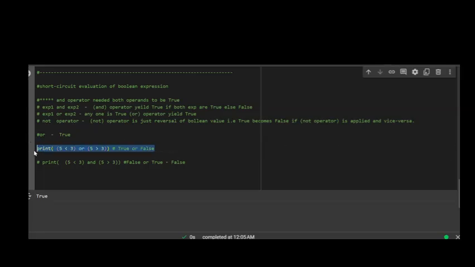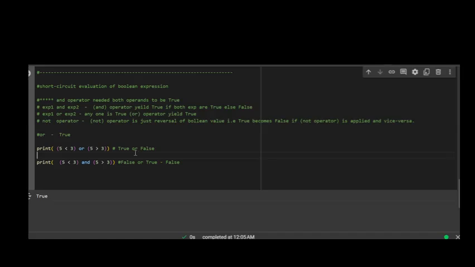I am going to uncomment this, right? Okay, 5 less than 3 or 5 greater than 3. What is short circuit evaluation? Short circuit evaluation is that it prevents a part of the expression from getting evaluated, right? So what does it mean? Let's say I have created a rule: true or false.